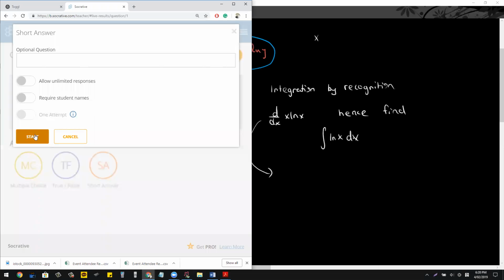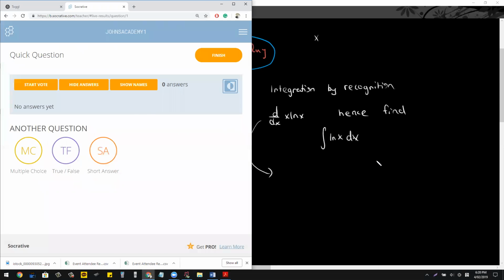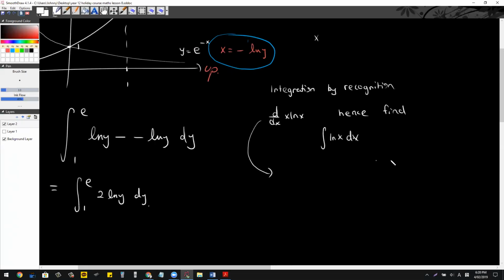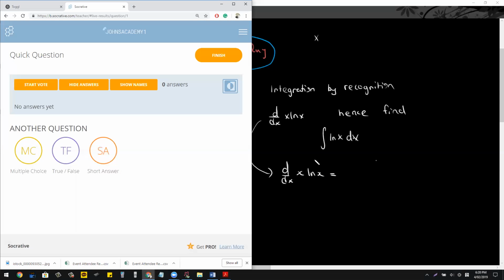Free response question. What you need to do now is just differentiate this. So what is the differentiation of x ln x? Today's lesson is not going to be like me just teaching.